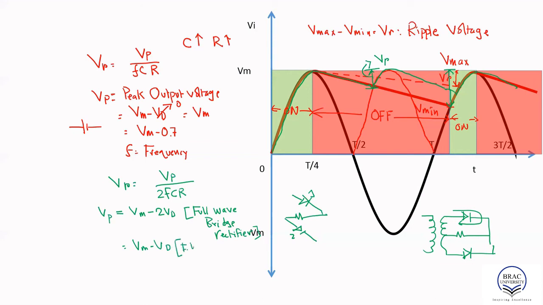So the expression for VR for full wave rectifier will be this. The only thing that will change is Vp. So Vp for the full wave bridge rectifier would be Vm minus 2 Vd, and Vp for the full wave rectifier with center tap transformer would be Vm minus Vd.